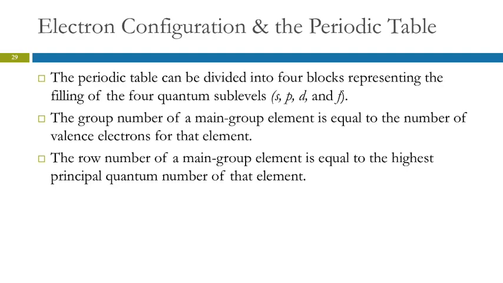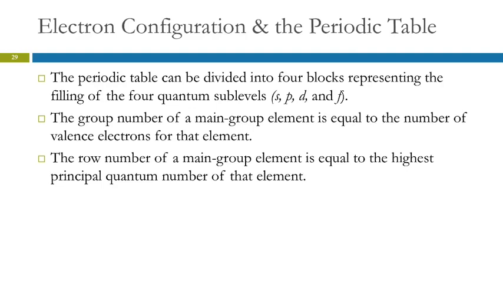The group number for our main group element equals the number of valence electrons that element has. And the row number tells us the highest principal quantum number for that element. So the group number tells us how many people are staying in the highest floor of the hotel, and the period number tells us what that floor is.